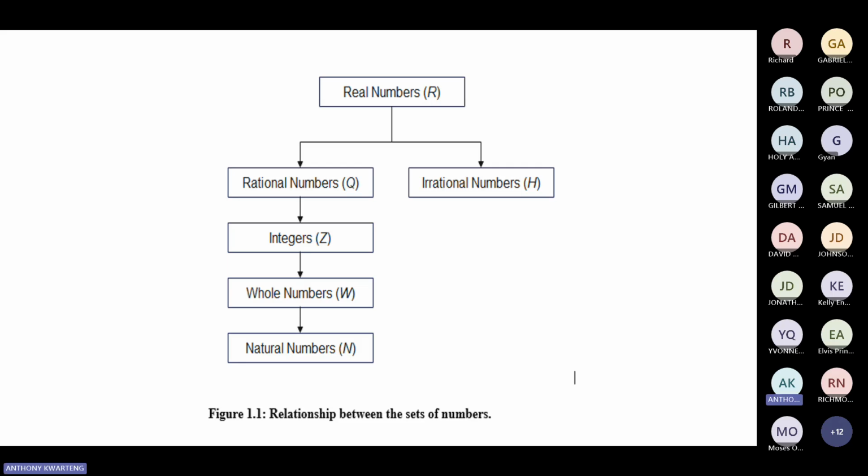Now, you have a number line. You know the natural numbers, which are 1, 2, 3 up to positive infinity.